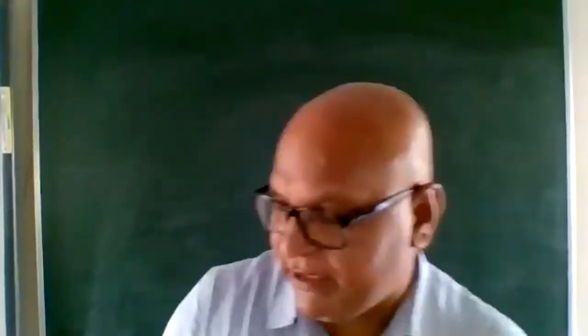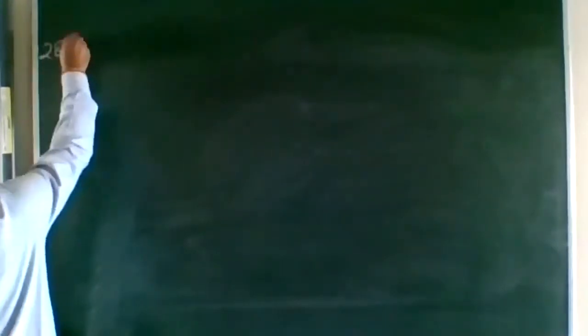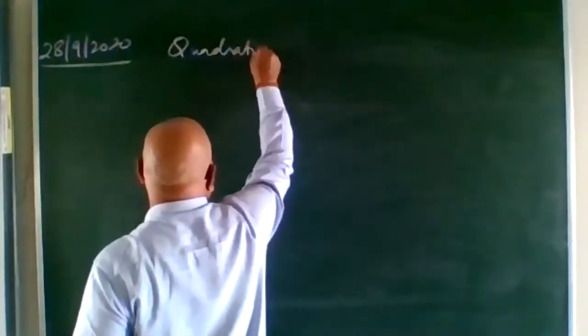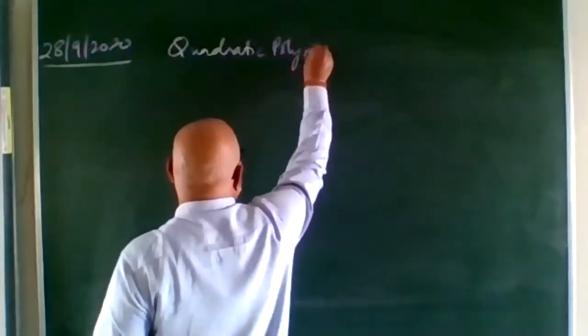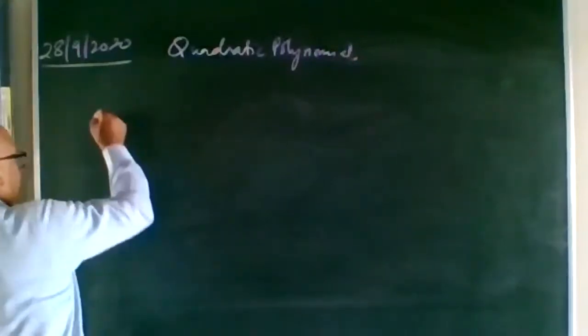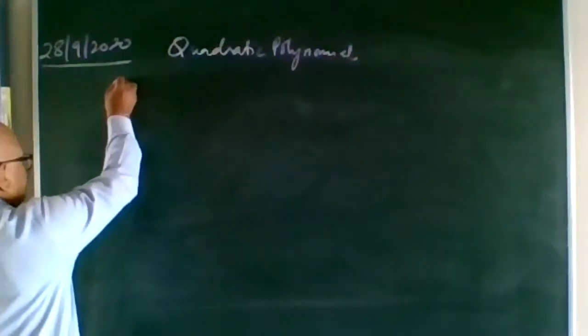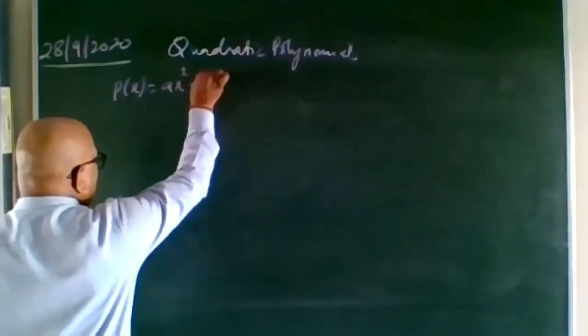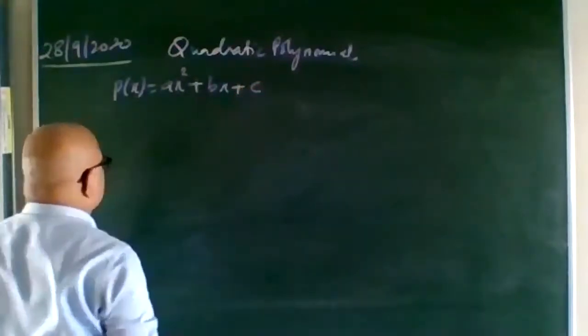Revision of quadratic polynomial. Now, in quadratic polynomial, that is p(x) equal to ax square plus bx plus c.